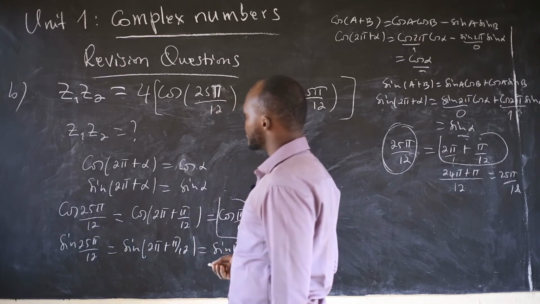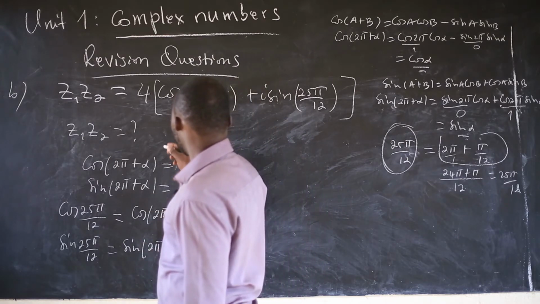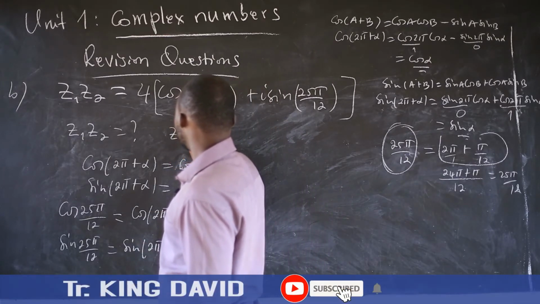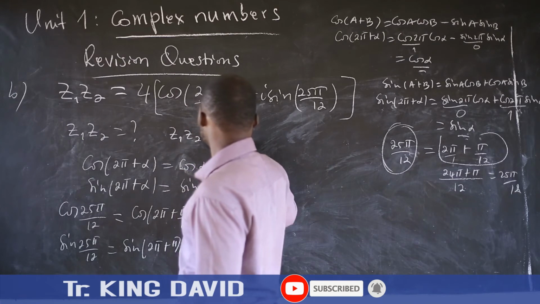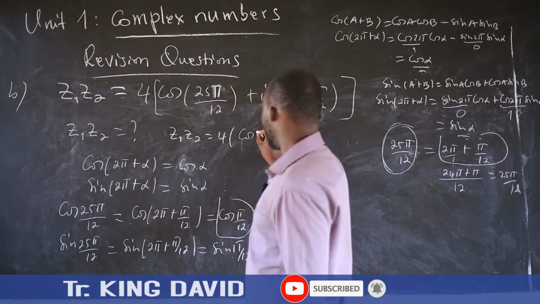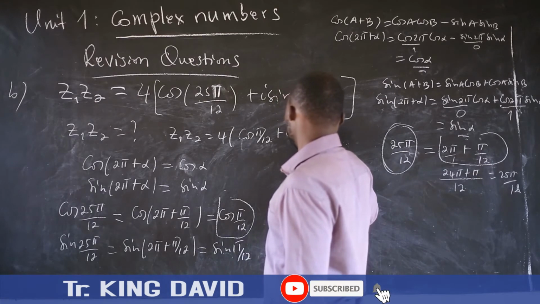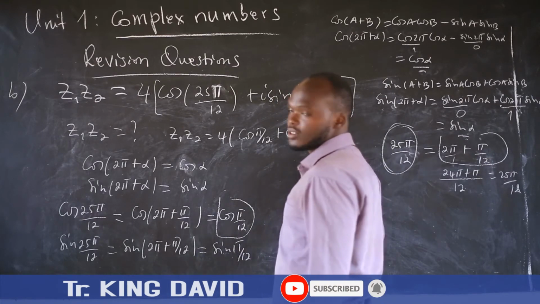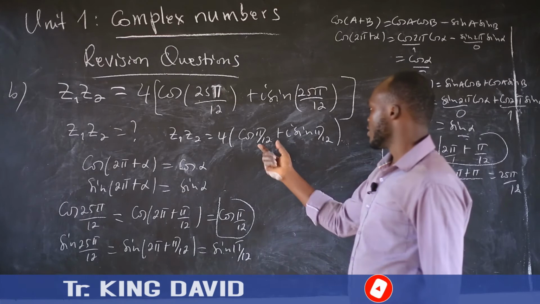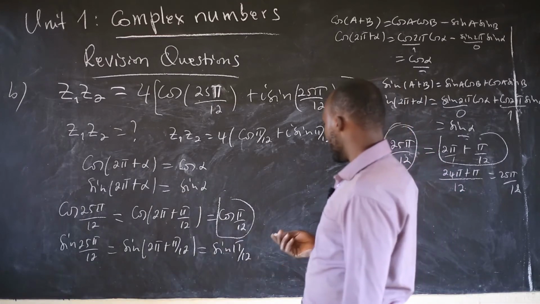So it implies that Z1 times Z2 is 4 into bracket cos pi over 12 plus i sin pi over 12. So what do we need? We need to find the value of cos pi over 12.